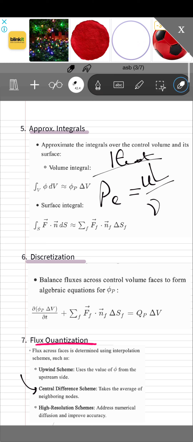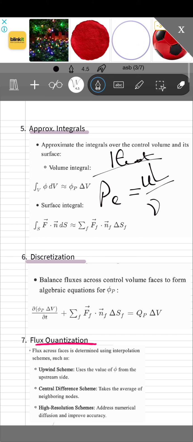Okay. Now, there are other types of schemes for flux quantization. One of them is called the high resolution scheme. Actually, a lot of schemes come under this high resolution scheme. This is basically based upon the fact that there are regions where there is generation of shock waves or very steep gradients.